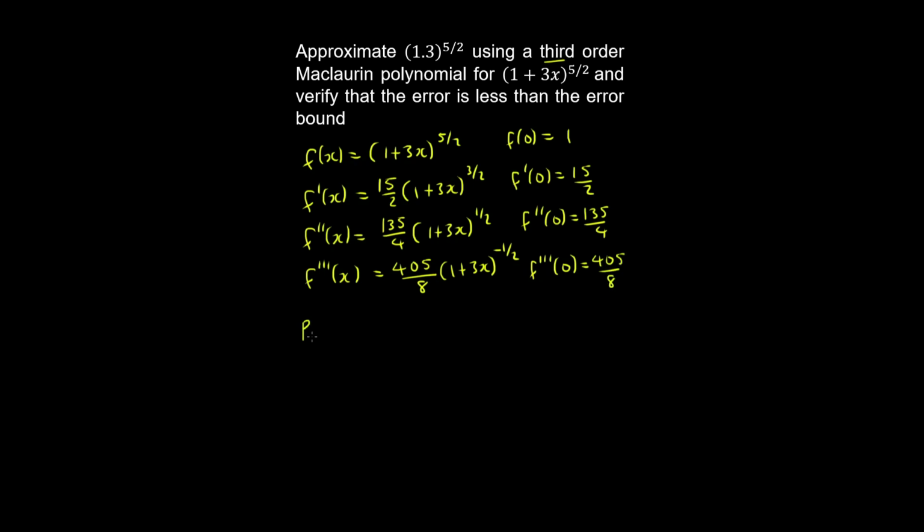So our third order Maclaurin polynomial approximation can be written as follows.